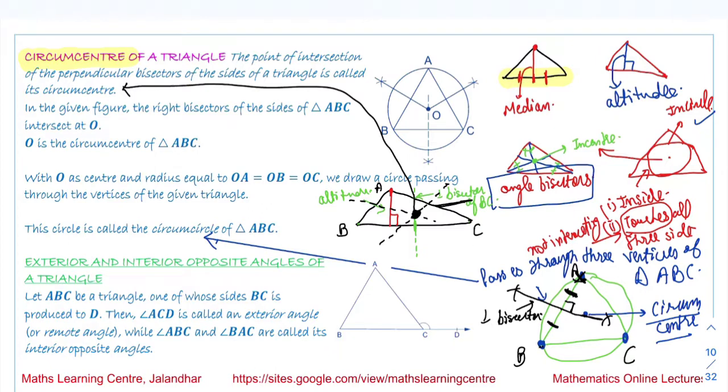Now if we take this point, the circumcenter, as the center, say we are calling it O, and the radius OA, and draw a circle, we will get the circle which passes through the three vertices of this triangle, and that circle is called the circumcircle.